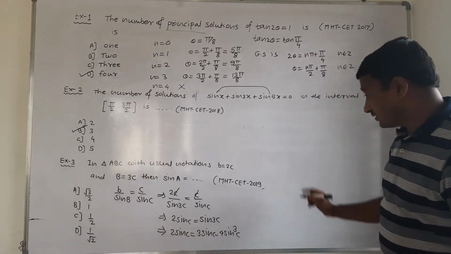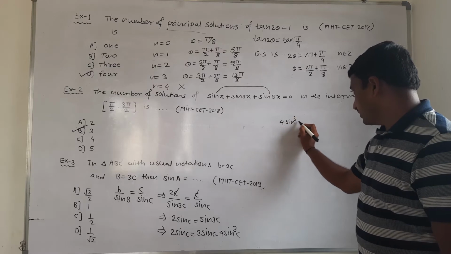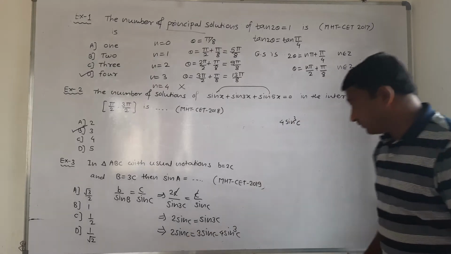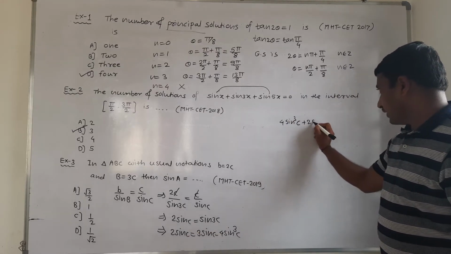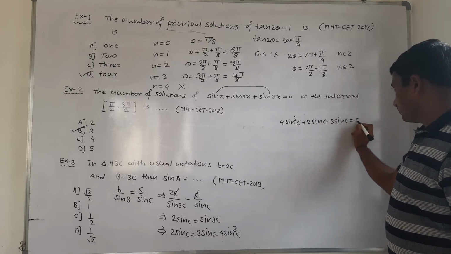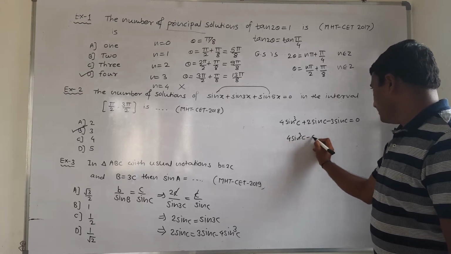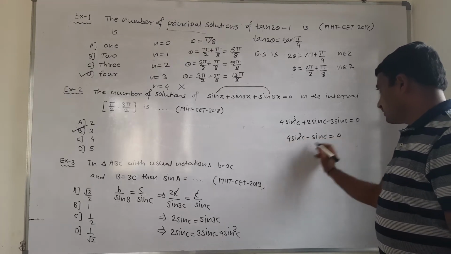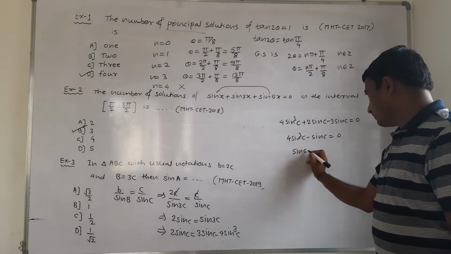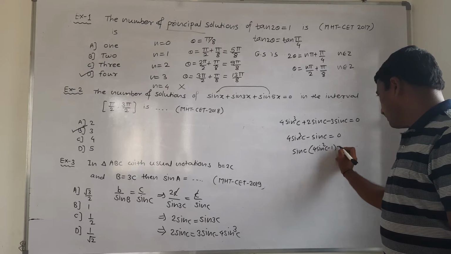Now just transfer to one side, that is 4 sin cube C, plus 2 sin C minus 3 sin C is equal to 0. That is 4 sin cube C minus sin C is equal to 0. Sin C common, then 4 sin square C minus 1 is equal to 0.